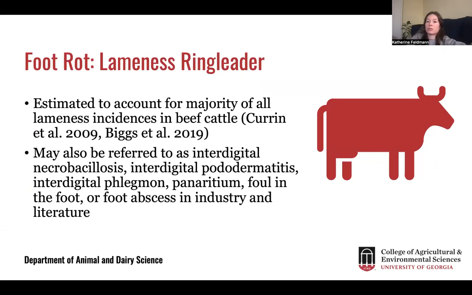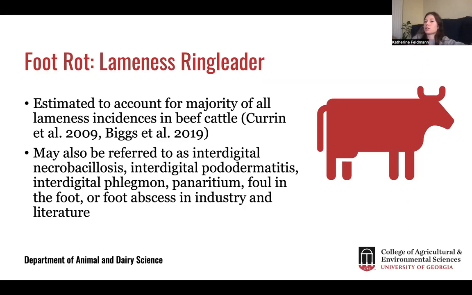So lameness, of course, refers to a giant umbrella of diseases that cause animals to not be able to move the way that they normally are able to. And foot rot is the ringleader of that. It accounts for the majority of lameness incidences in beef cattle and dairy cattle as well. I've seen estimates of anywhere up to 75% of all lameness cases. So pretty significant chunk.